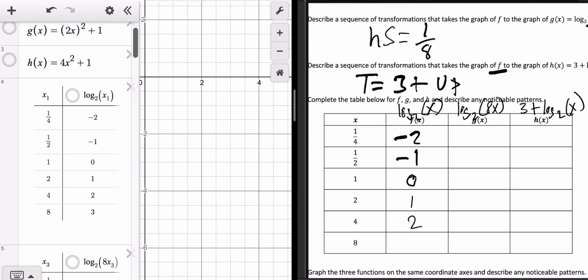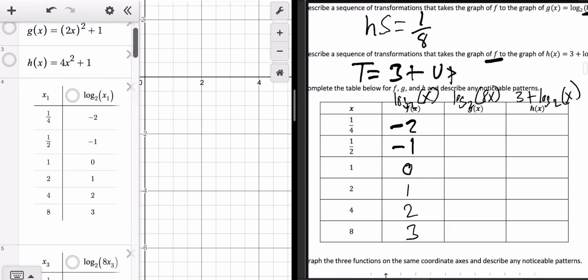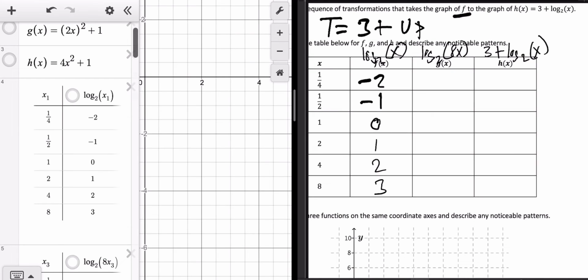That would be 2. And that would be 3. Now, what happens whenever we multiply all of these basically by 1/8? Remember, it's a simple scaling of 1/8. So what happens when we do that? It's a little bit tricky.